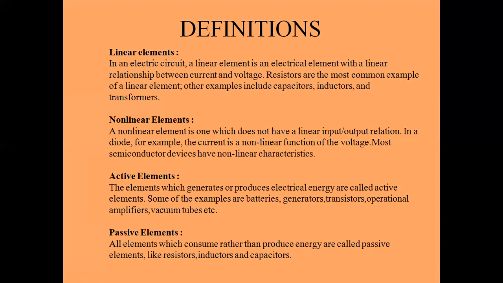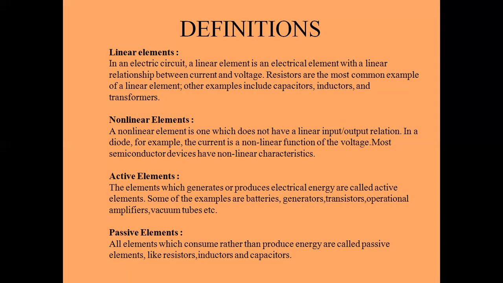Resistors are the most common example of a linear element. Other examples include capacitors, inductors, and transformers. You remember this point: a linear relationship between current and voltage means a linear element.